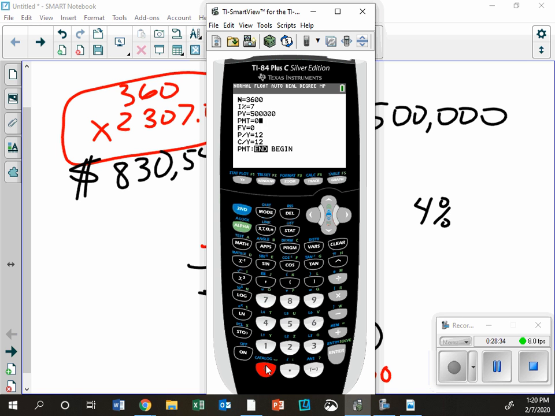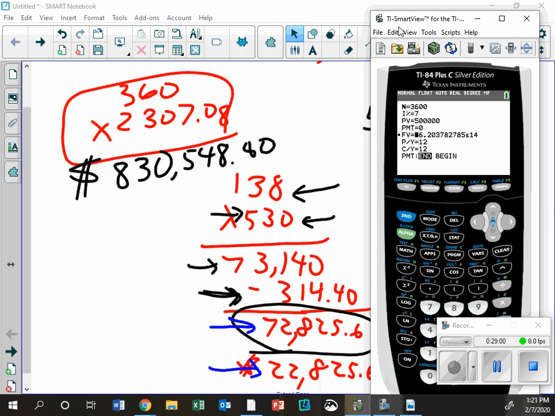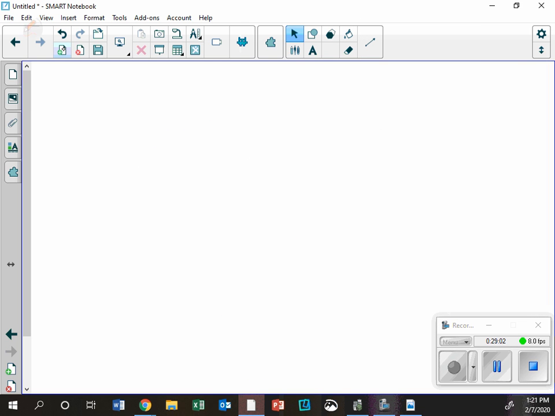So then what's the thing we don't know? What don't we know? The future value. So we go to future value and we alpha solve for that. Now this is scientific notation, which means you take the decimal and you move it over how far? 14 spots. So that 500,000 has now grown. Can you imagine how excited that family would be?